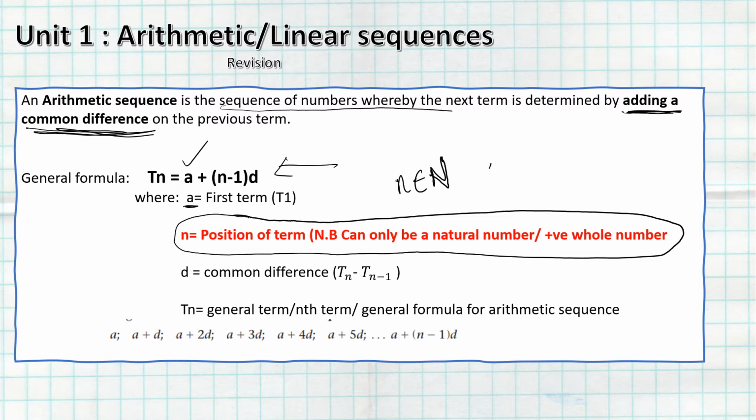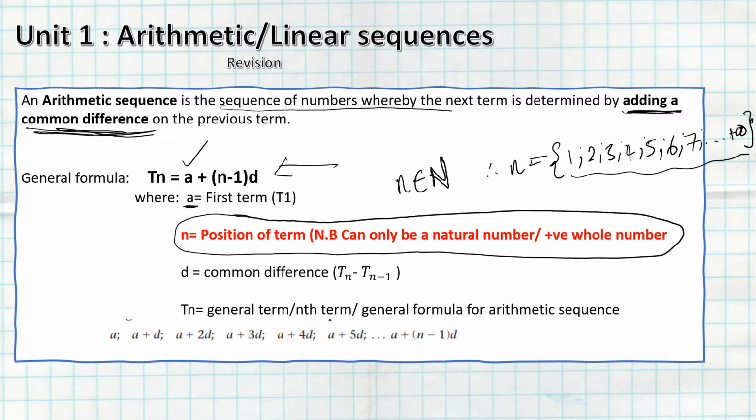That is, n equals 1, 2, 3, 4, 5, 6, 7, and so on up to positive infinity, which are positive whole numbers or natural numbers. So n can only be those things.